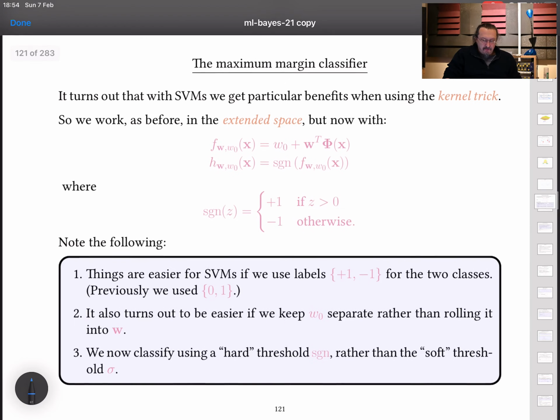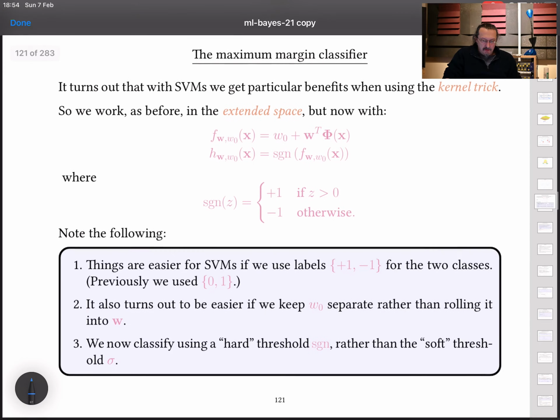So we want to put this idea of the kernel trick into the context of a maximum margin training algorithm. We want to do it again in the extended space. So the actual underlying linear model that we use is essentially exactly the same as we've seen in the last lecture.